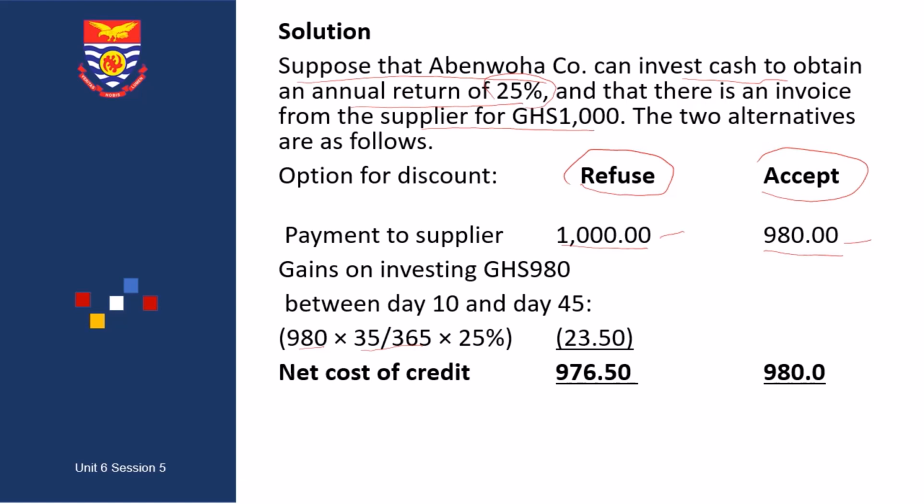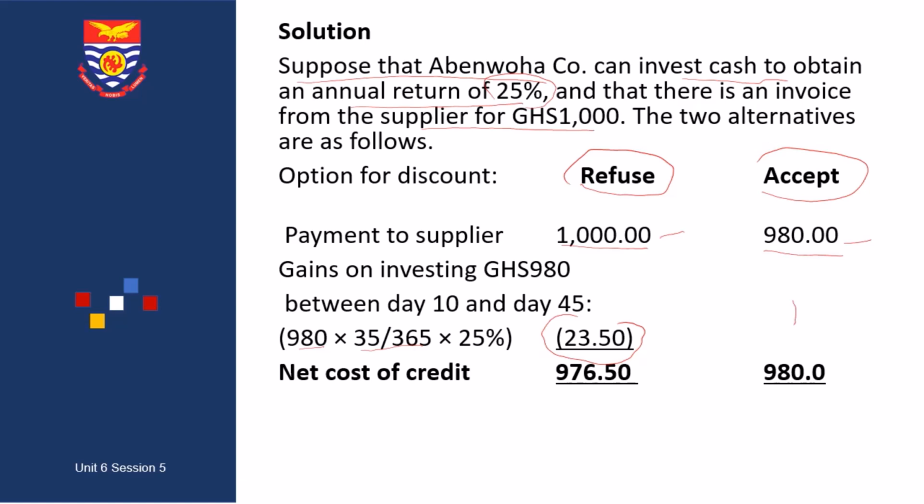It means that because you refuse to accept the discount, we are making a gain of 23.50, which is going to reduce the amount that you pay at the end of the 45 days. But if you accept, you are not going to gain anything.